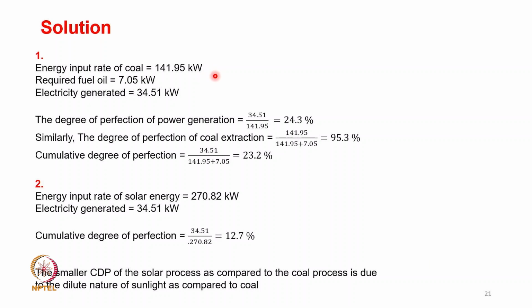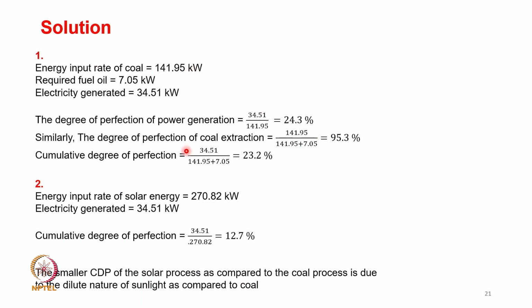The energy input rate of the coal is 141.95 kilowatt. Required fuel oil is 7.05 kilowatt, and the electricity generated is 34.51 kilowatt. So the degree of perfection here would be 34.51 divided by 141.95, which is 24.3%.